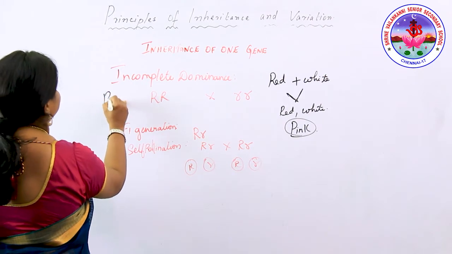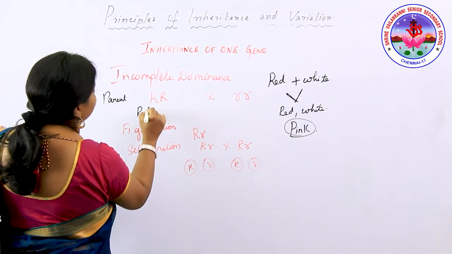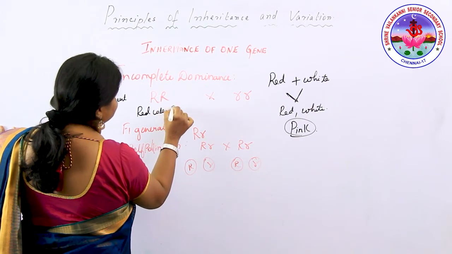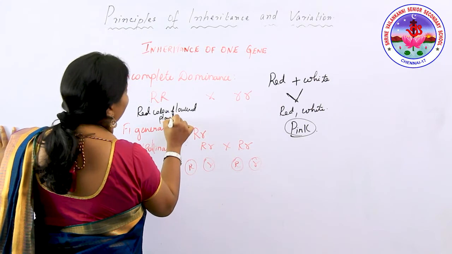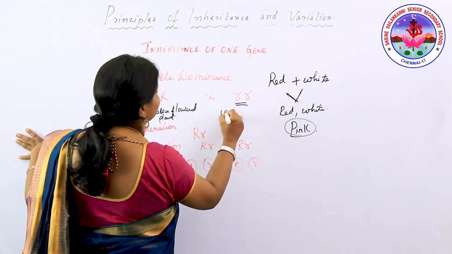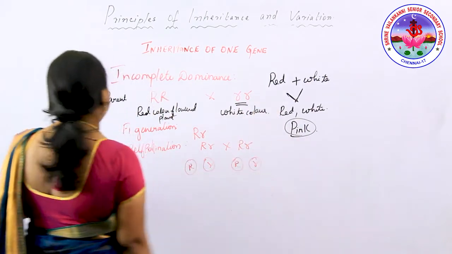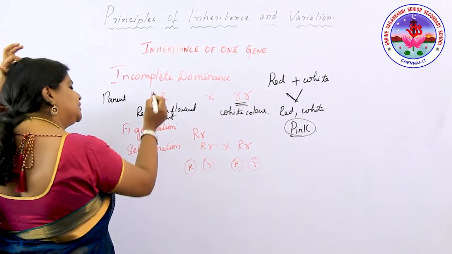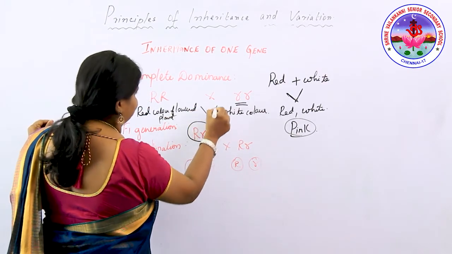See, in the parents, capital R will be the representation of the red color flowered plant, and small r represents the white color flowered plant. Now in the F1 generation, the progeny will be capital R and small r.